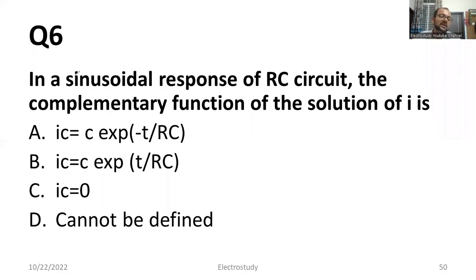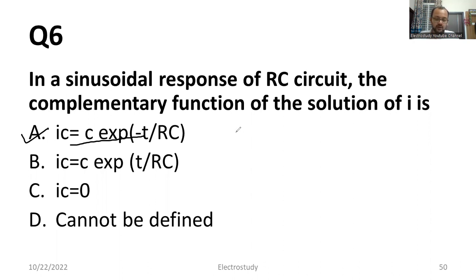Friends, now please read another question. In a sinusoidal response of RC circuit, the complementary function of the solution of i is equal to, for RC network, the right answer, i is equal to C into exponential minus t by RC. You can select the first option.